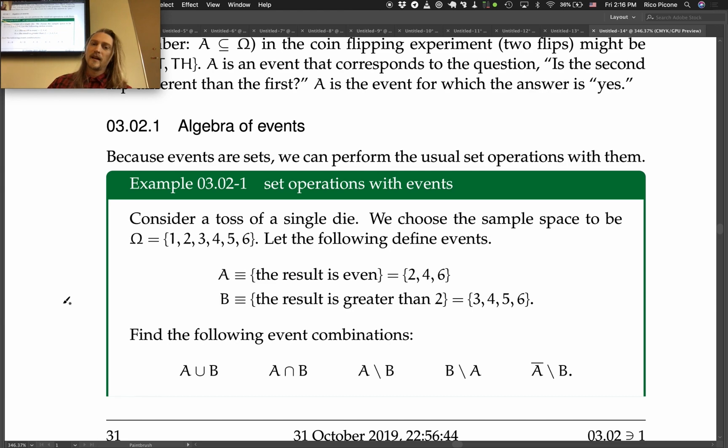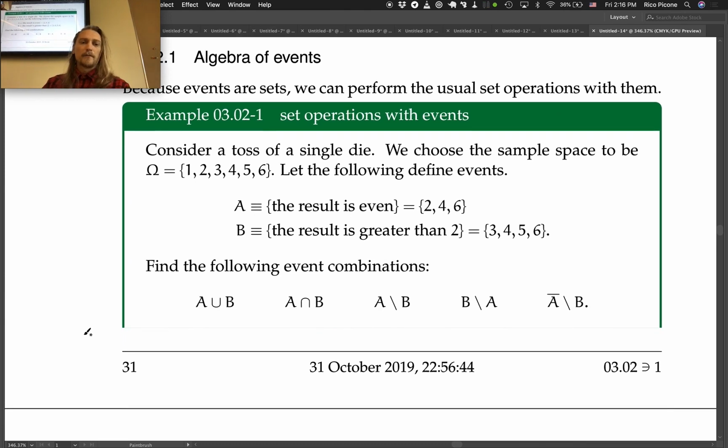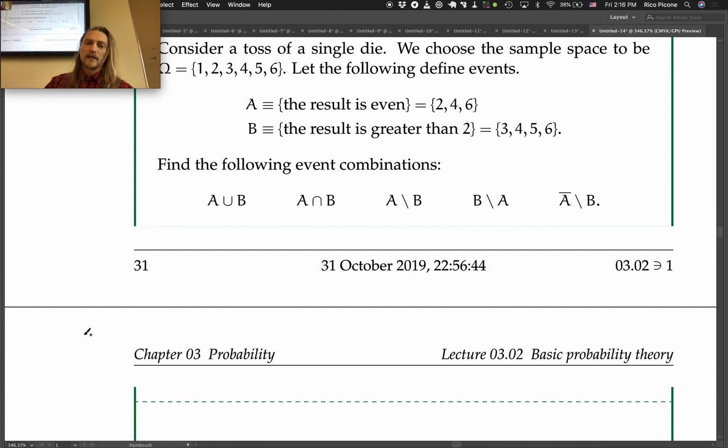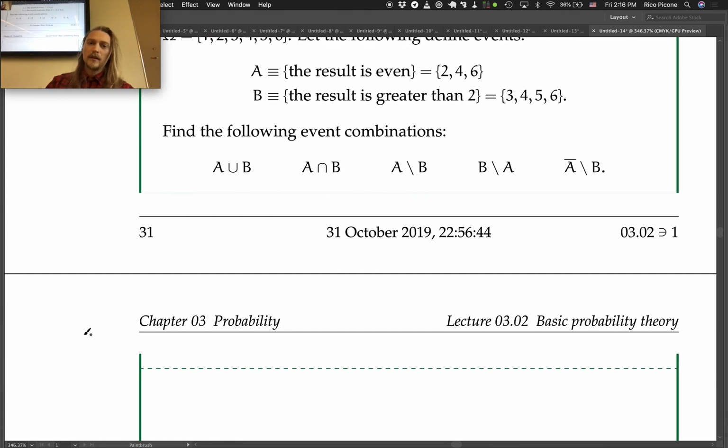B is the set where the result is greater than 2, and that happens when the result is 3, 4, 5, or 6. Find the following event combinations: the union, the intersection, the differences, and then the complement differences.